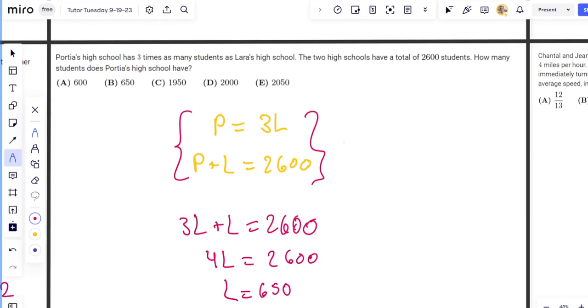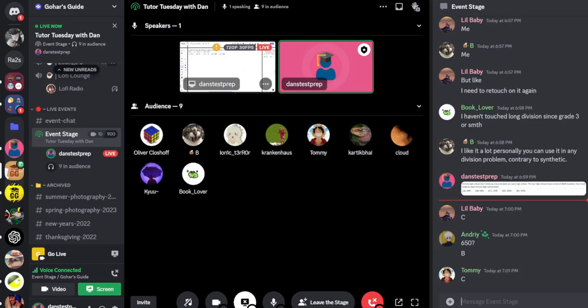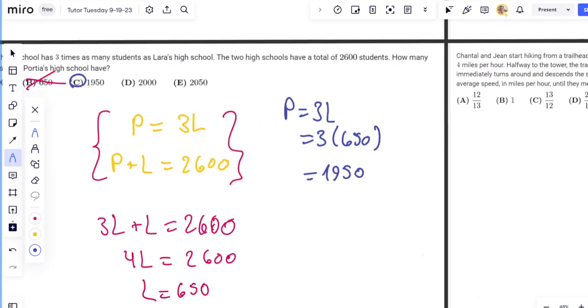L equals 650 is, of course, not the right answer, because we're asking for Portia's high school. So P equals 3L equals 3 times 650 equals 1950, which, of course, is the correct answer. It's going to be C. Yeah, whoever put B, close. But, you know, that's how they trick you. It's going to be C for this one.